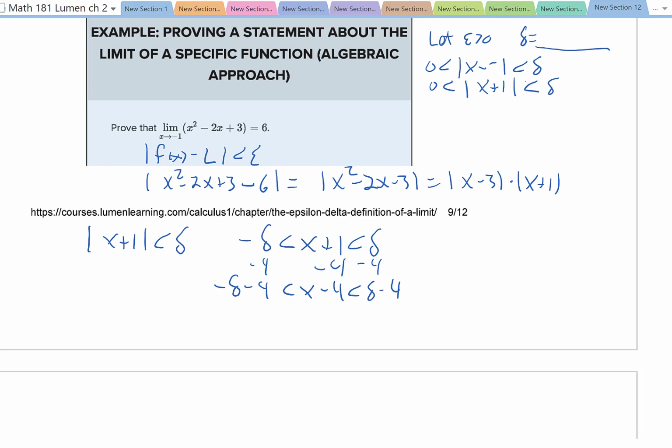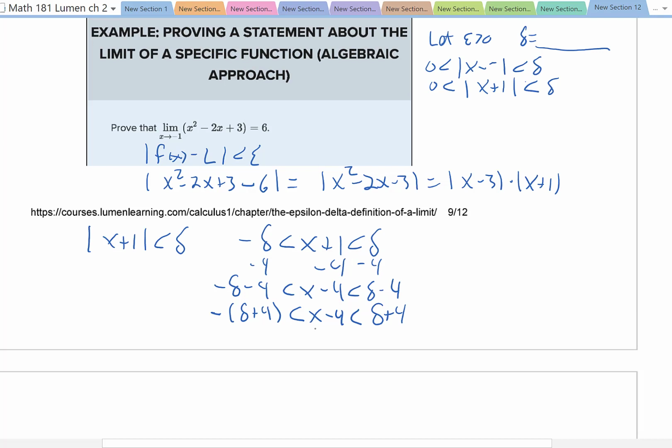For this one, I want to increase the upper limit. I have a reason behind this, because if I factor out the negative on the lower limit, that's delta plus 4. I want to make it a delta plus 4 up on top, and I can do that. I can make the upper bound even further up, so make that a delta plus 4.